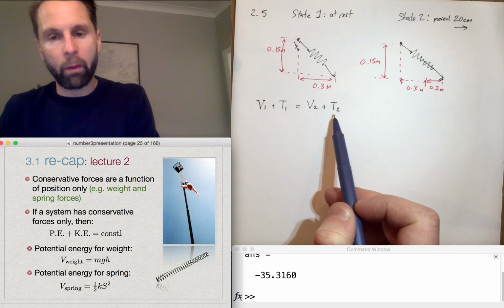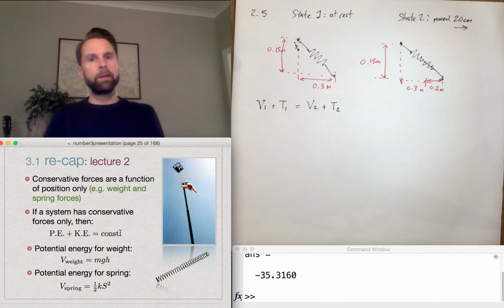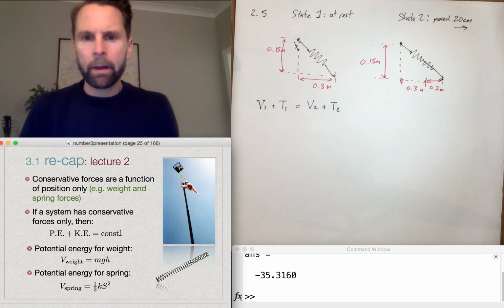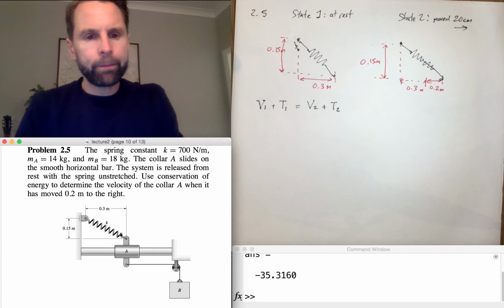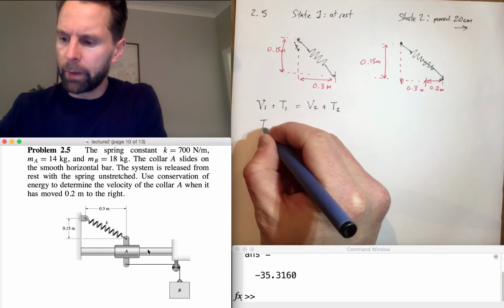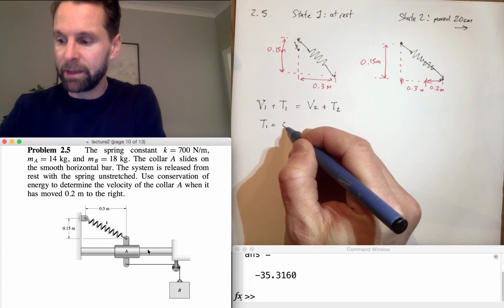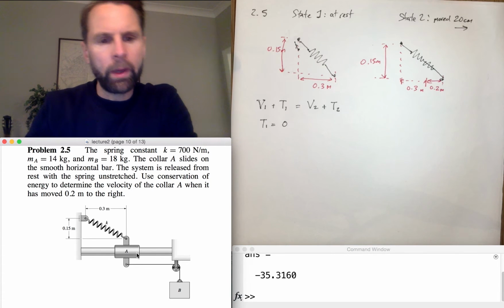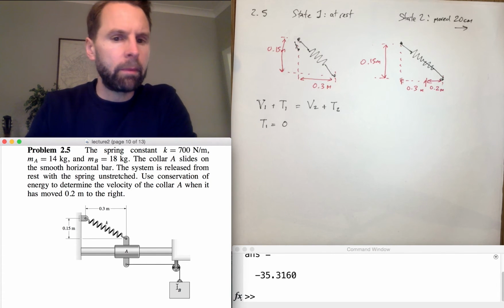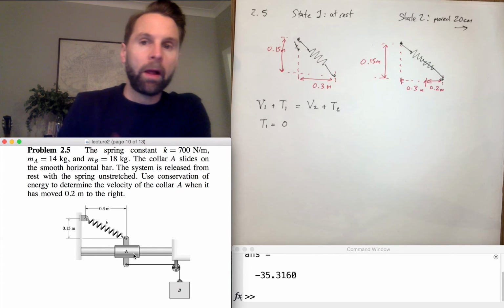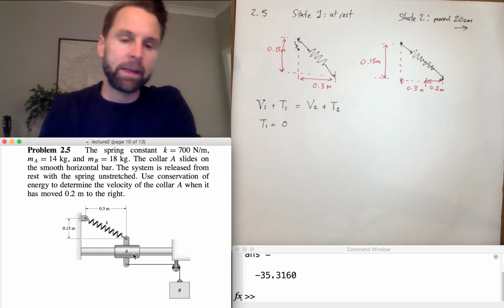So what we're going to do is evaluate each of these terms, and we're going to eventually find out what the kinetic energy at state 2 is, and that will tell us what the speed at state 2 is. Now, to begin with, it's at rest, so we can straight away say that the kinetic energy of the system is 0. But also we can define the datum points for each of the two masses as being the positions of those masses in state 1.